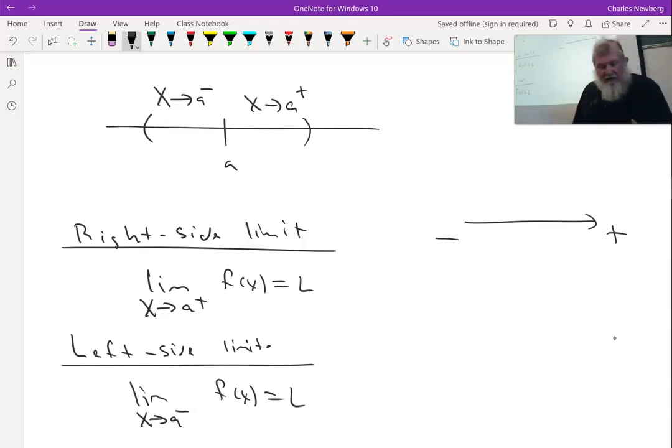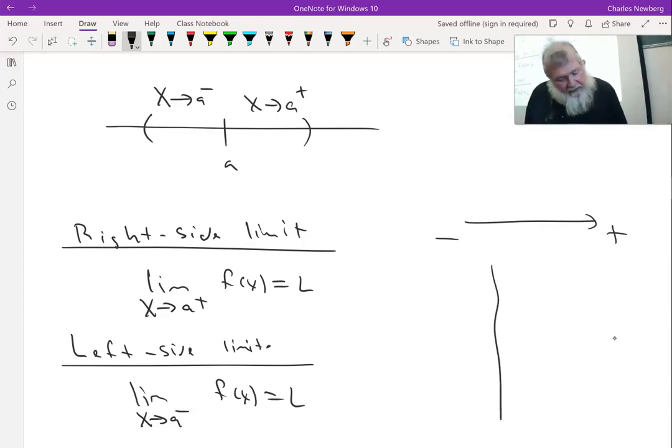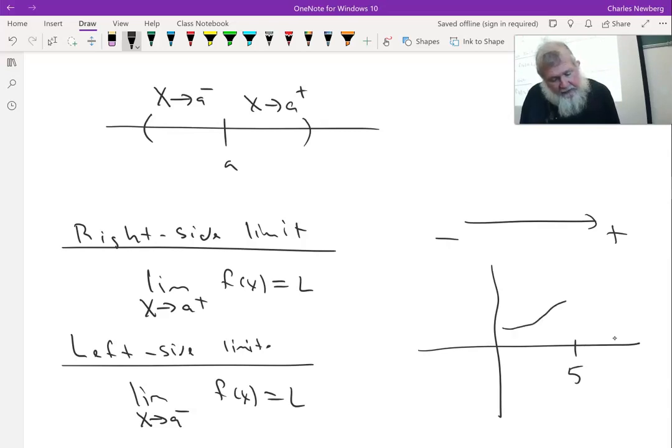Okay, so let me draw a graph right here. Let's make this 5. I'm going to do some numbers now. Let's say we come in, we'll make that close. This value is 3. We'll come up here. That is an open point. To make it a function, we'll make that 4.